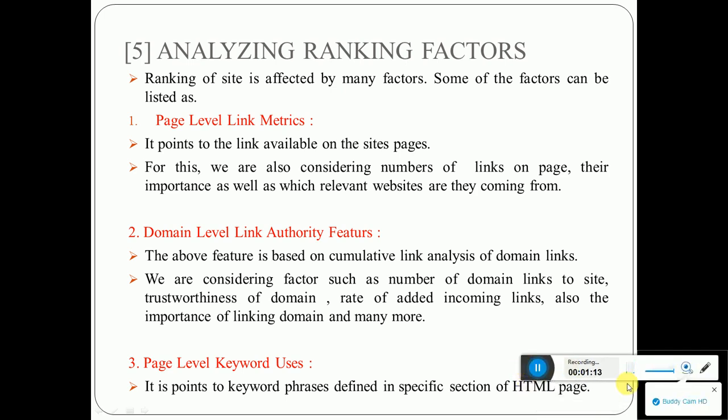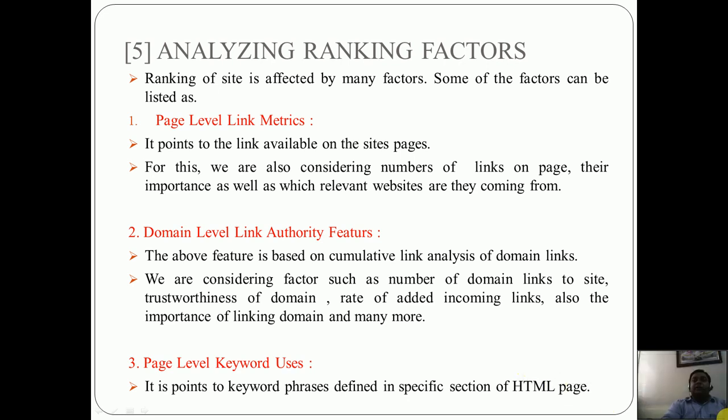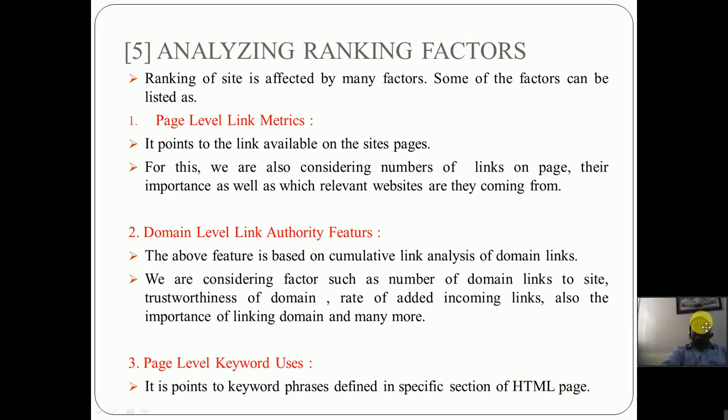Here we will see examples, starting with the page level link metrics. What are page level link metrics? They refer to the links available on the site pages. When site pages are there, many links are available inside. In previous lectures we saw that the Saurashtra University website has many links.